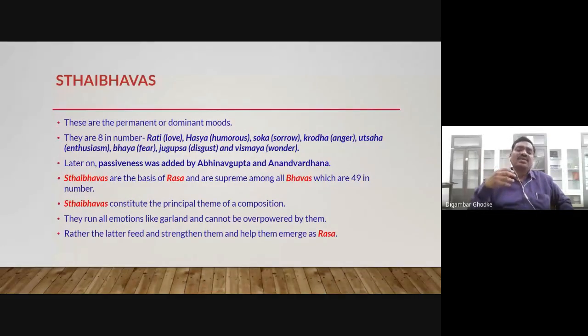And there are actually 49 bhavas. We are not going to talk about all those bhavas. We'll talk only about sthai bhavas, and then we shall talk about anubhavas, etc. Sthai bhavas are eight in number. Later on, passiveness is added to this list by Abhinavagupta and Anandavardhana.